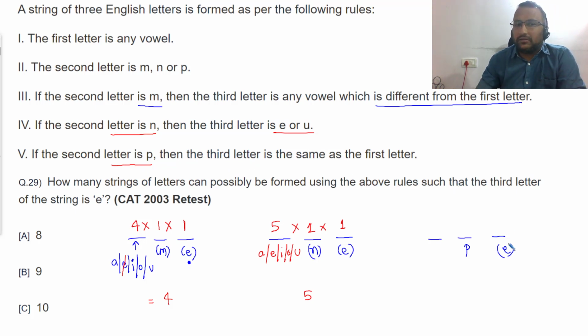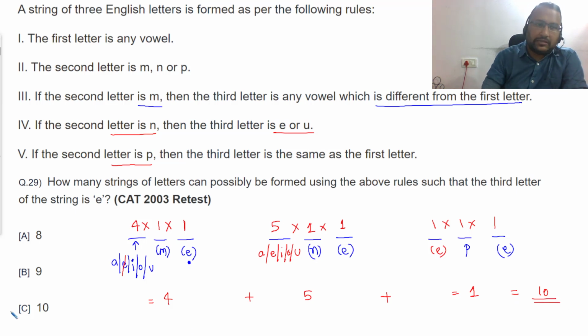If the third letter is E, the first letter is also supposed to be E. So there is only 1 choice here, 1 choice here, 1 choice over here. So total only 1 word we can form over here. So what is the answer of this question? 4 plus 5 plus 1, that is equal to 10. The answer is option number C.